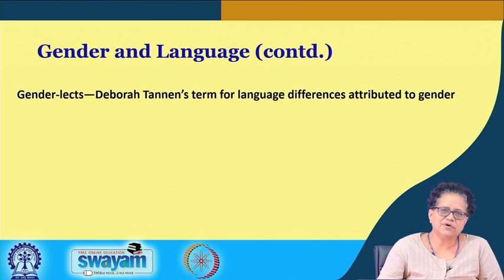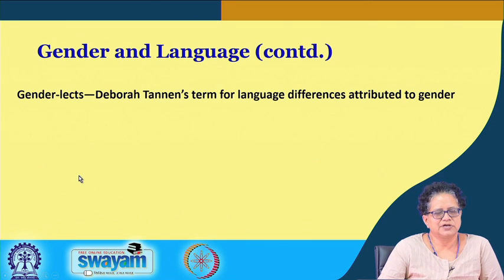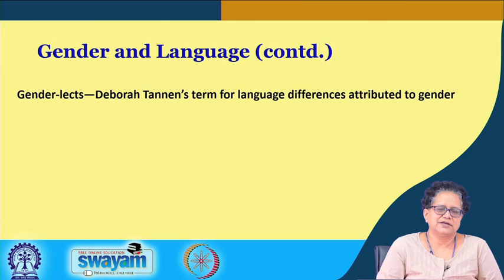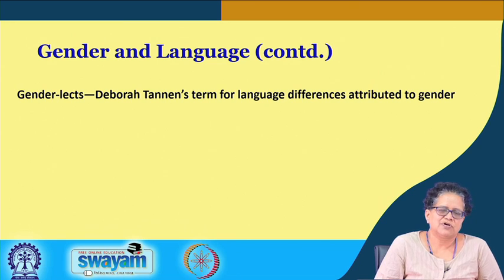We have covered in the previous slide that the speech style of females is characterized by qualifiers, tag questions and disclaimers. Deborah Tannen uses the term genderlects for such language differences which can be attributed to gender. And what she says is quite important.